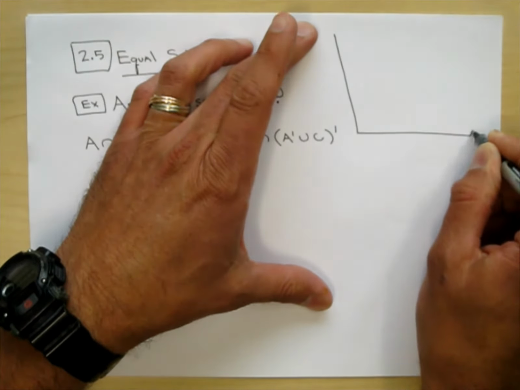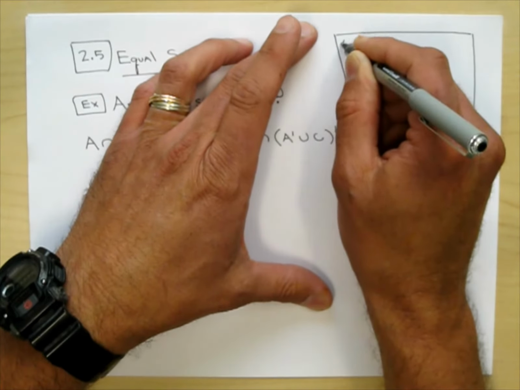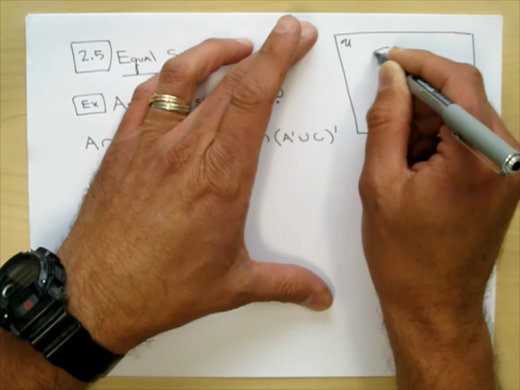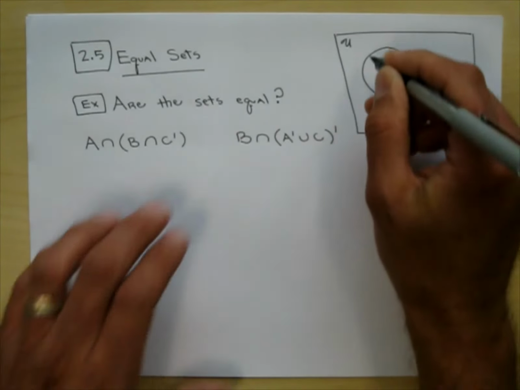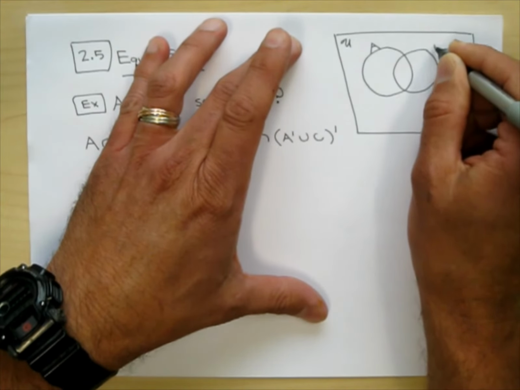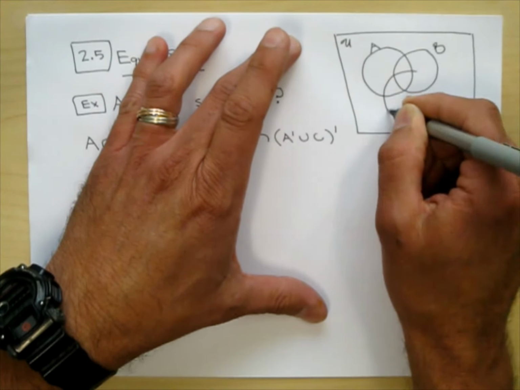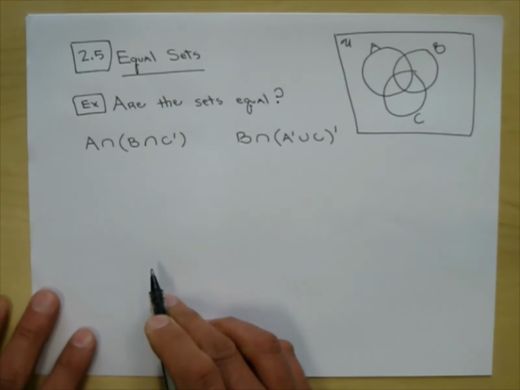So here is the picture. Here's the universe. And there are three letters in each of these. This is A, B, C. So maybe you can do this on your own.